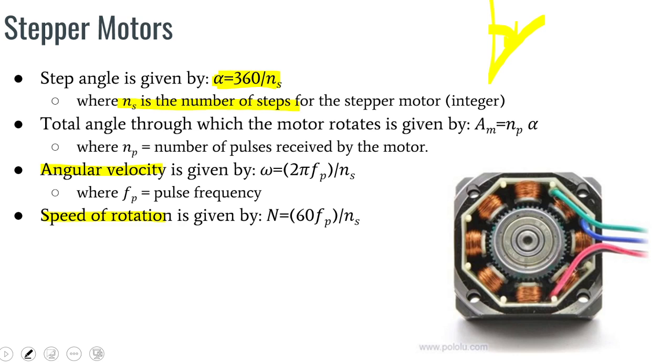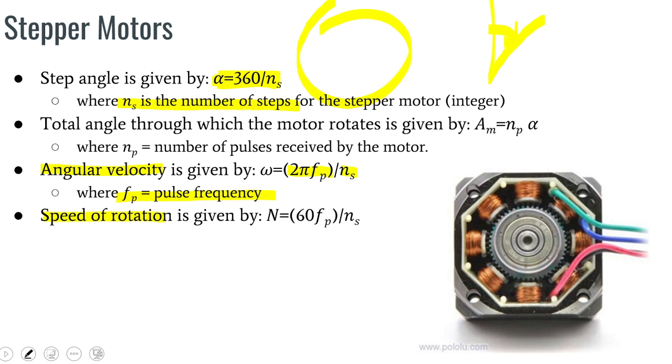So, say the pulse frequency is given by fp. Then we take that frequency and divide it by the number of steps, and we can get the angular velocity: 2 pi fp divided by the number of steps.